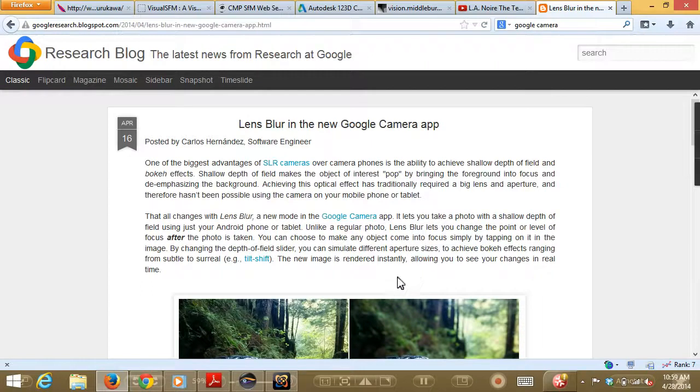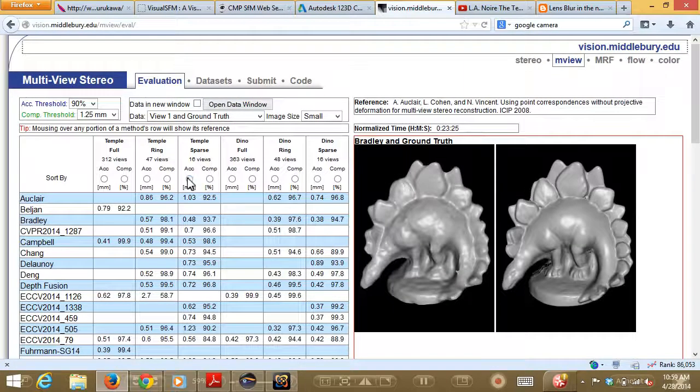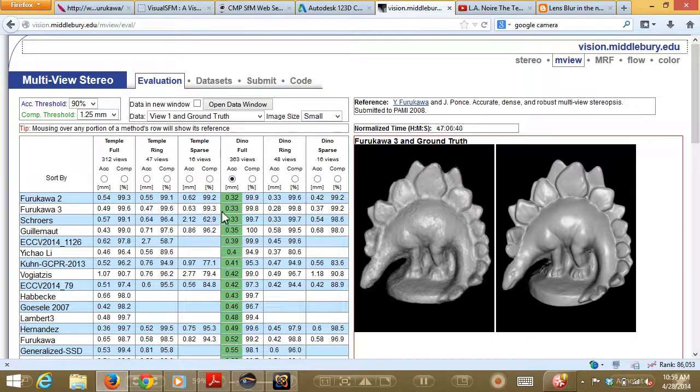Okay, let's see if there's anything else I want to say here. Well, I think that's pretty much it for the moment. Again, if you want to know what's really the best multiview stereo algorithm at a given moment, then this Middlebury site is the first place to look to understand how good things are. You can sort by whether you care about accuracy or percentage completion, and whether you care about all of the views or just a subset of the views.